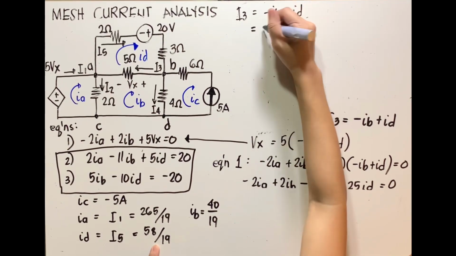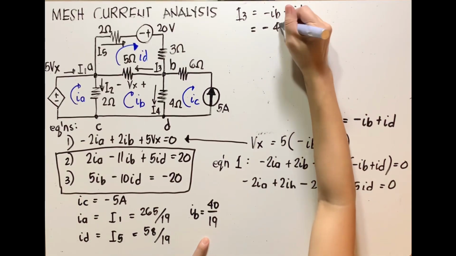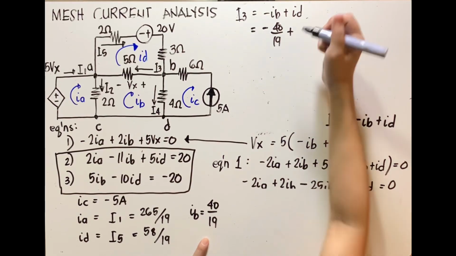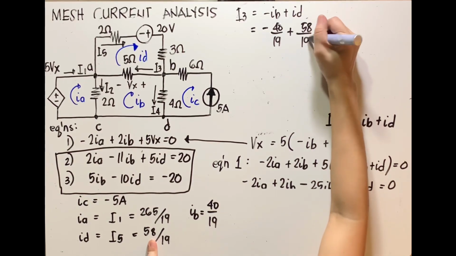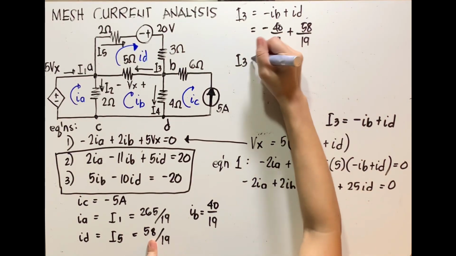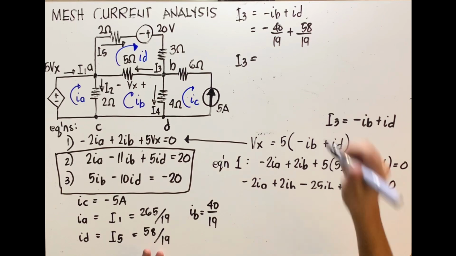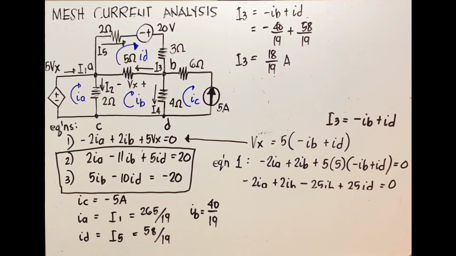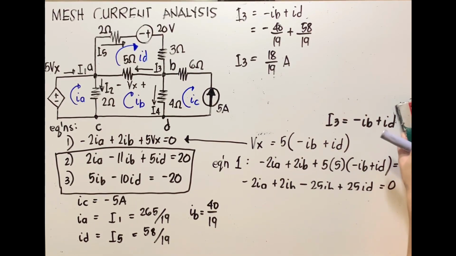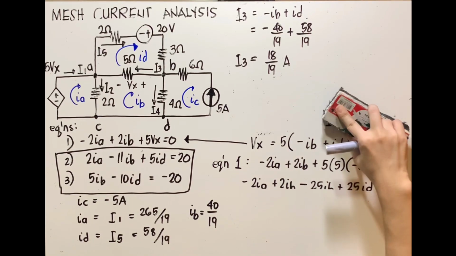So you have here negative IB, which is 40 over 19, plus ID. ID is 58 over 19. So it will show that I3 is simply equivalent to what? 18 over 19 amperes.